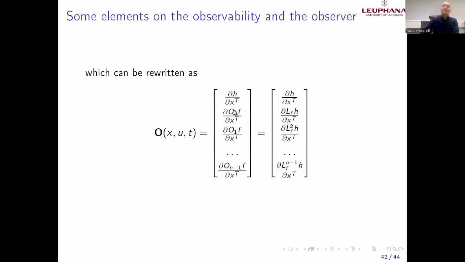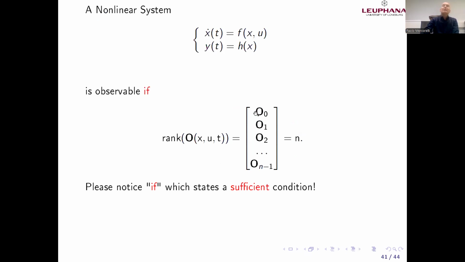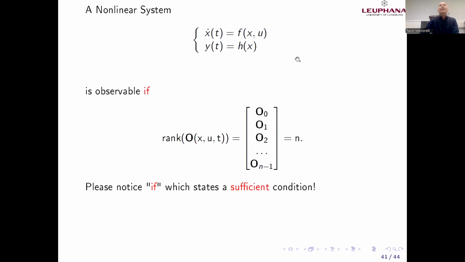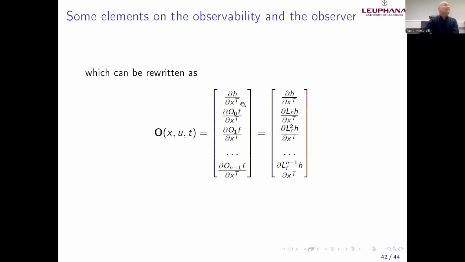What about the second element? If you look here, this gradient here is exactly O0. What is this expression here? It is the Lie derivative of h along f, O0 scalar f. Even though it's not written, I tell you, scalar f means, if you look here, f is the vector field, in a vertical vector, a column vector to be precise. O is a row vector. This means O0 scalar f is a scalar function.